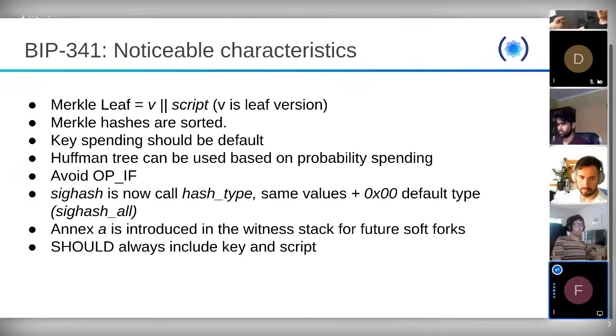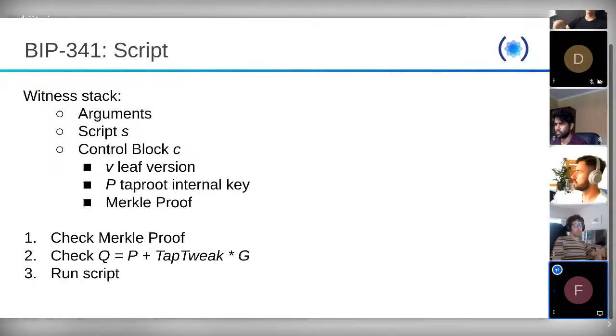And then finally, you should always include the key and script. Again, that's to help with heuristics and analysis of the blockchain. So even if you say that I just want to spend money with my key, you don't want to put P as Q. You still want to have a tap tweak.